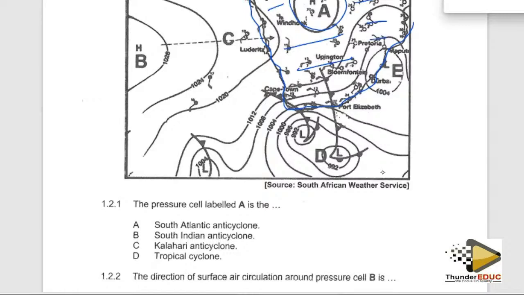So over the interior, we have this pressure cell A, which is a high pressure cell, and definitely that will be the Kalahari high pressure cell, or the Kalahari anticyclone. Because remember, anticyclones are high pressure cells. Right.